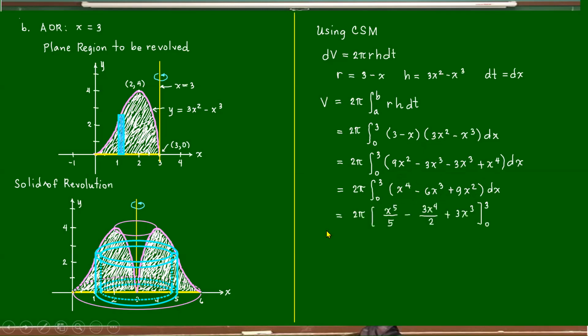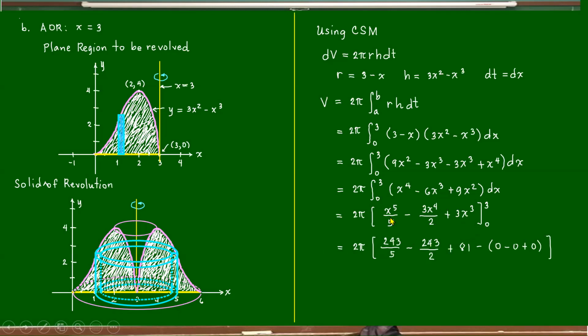Then integrating, x to the fifth over 5 minus 3x to the fourth over 2, because this is x to the fourth over 4 times 6, getting 3 halves. Then we have x cubed over 3, so 9 over 3 is 3, giving 3x cubed, evaluated from 0 to 3.